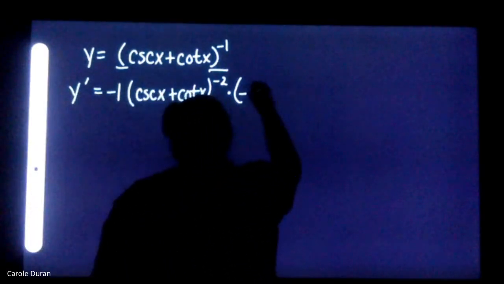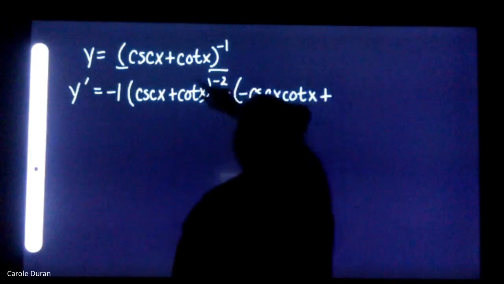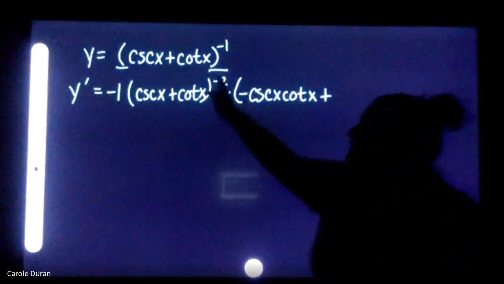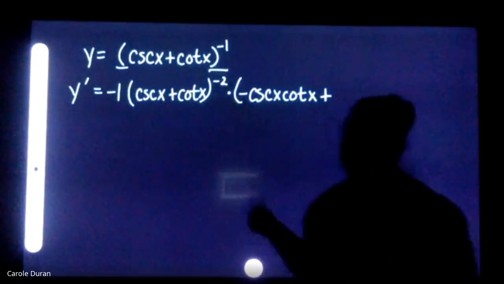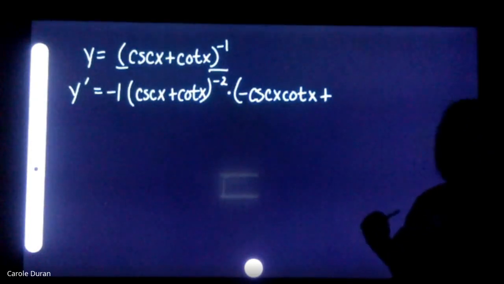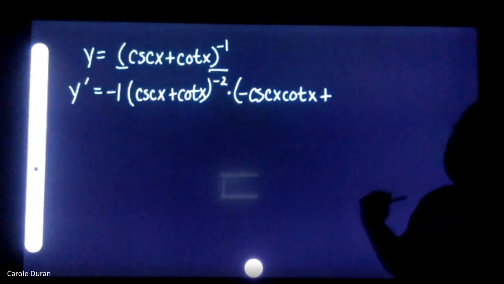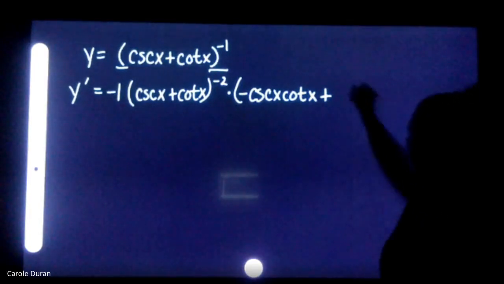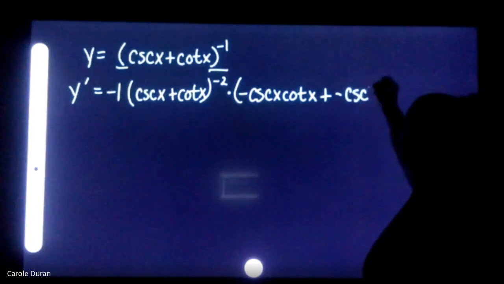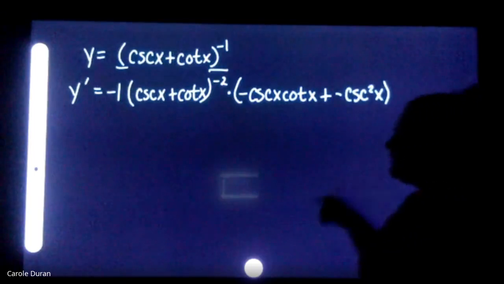So this is going to be negative cosecant x, cotangent x, and then plus, what's the derivative of this cotangent x that I had in my original inside? Negative cosecant squared of x. Perfect.